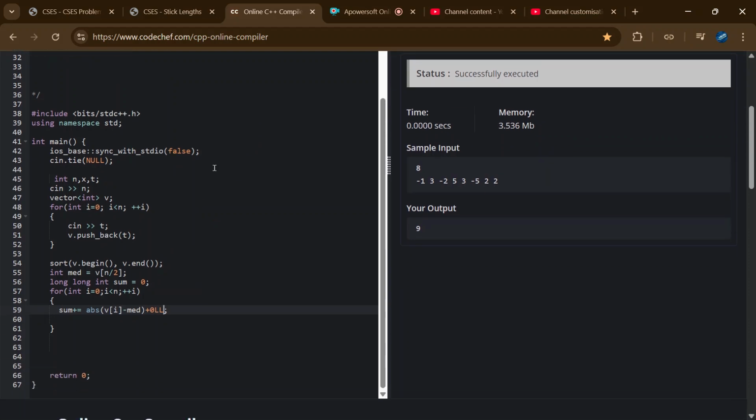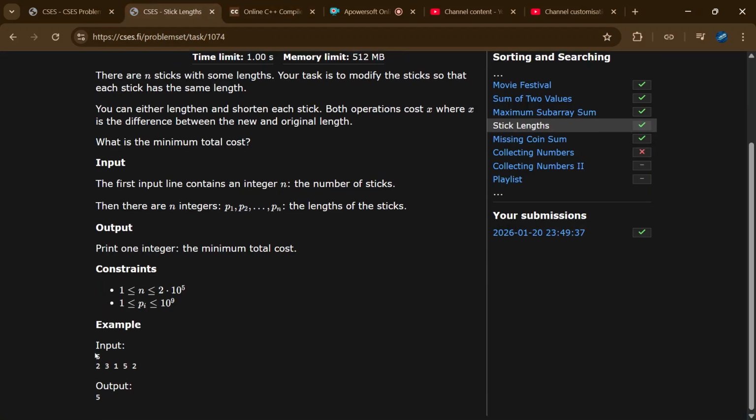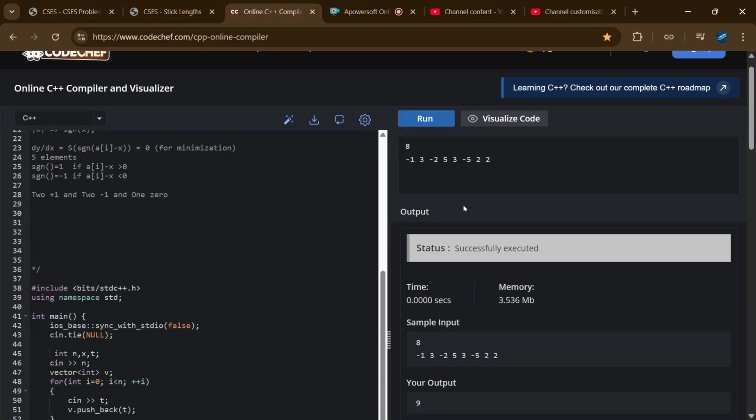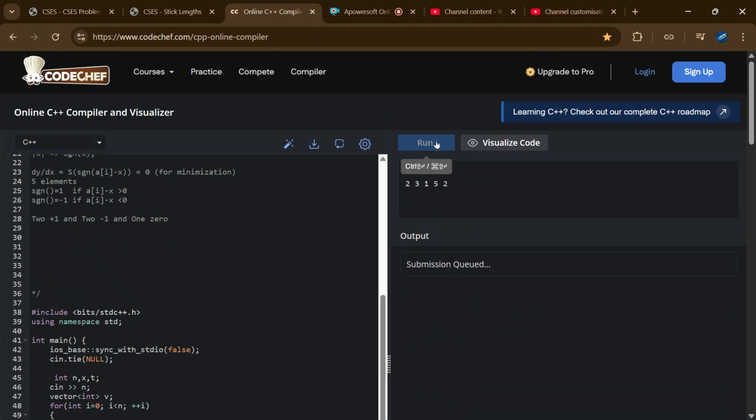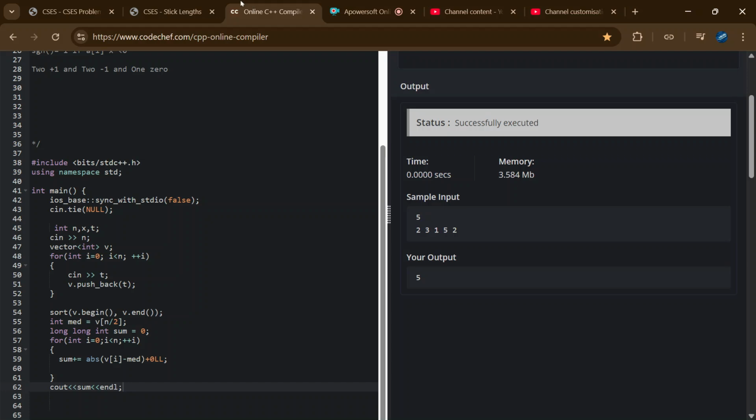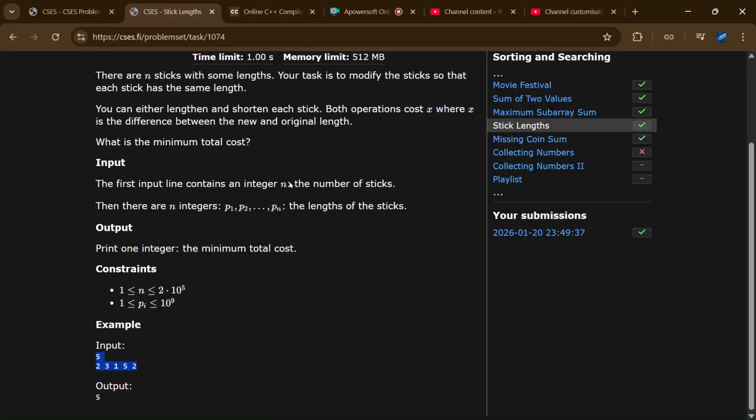That's it, and let me print here cout sum. So let me check this. Yeah, we are getting it.